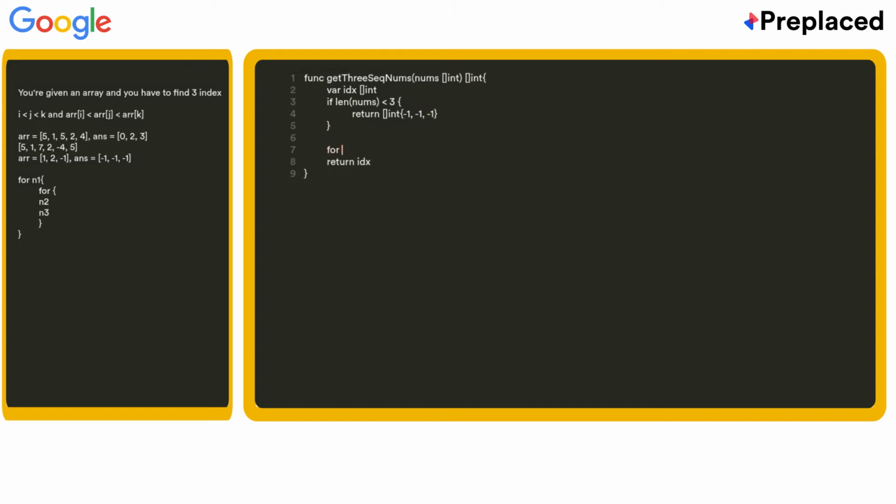Then I will do a for loop, or I can range it directly. So this will be i comma n1 range nums. And then I can do a loop where this is a -1 and this less than length of nums.